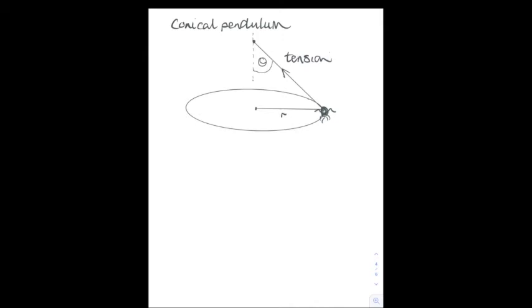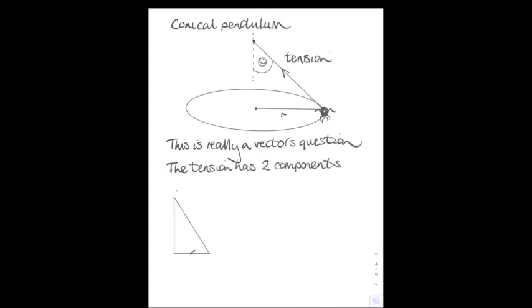Now, if we know what that radius is, and we know what the length of that string is, then we can do a wee bit of vectors here to work out a number of things in this example. So the tension in the string has got two components.